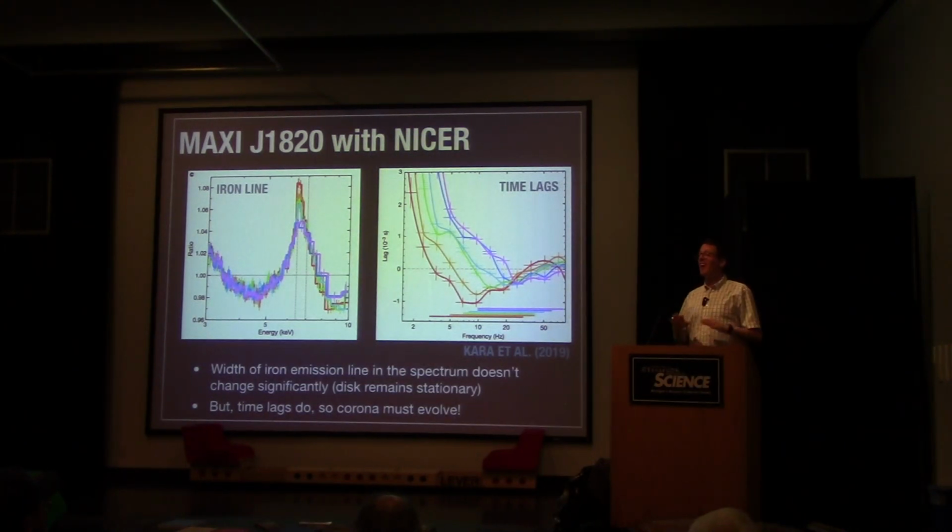You can test the MACHOs quite easily because they should do what's called gravitational microlensing. So anytime a star passes behind a MACHO, one of these black holes on the line of sight, you'll get gravitational microlensing and it will become slightly brighter.